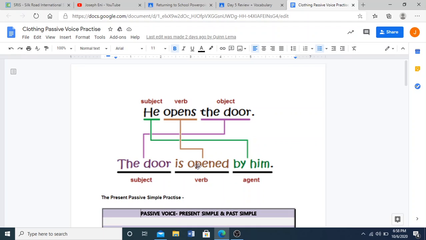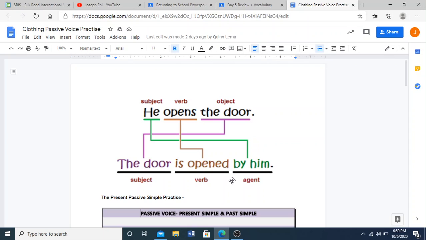Okay? And the action still remains, the verb still remains, but however, it changes from present to past participle. Opens becomes opened. Therefore, he opens the door becomes the door is opened by him in the passive voice.